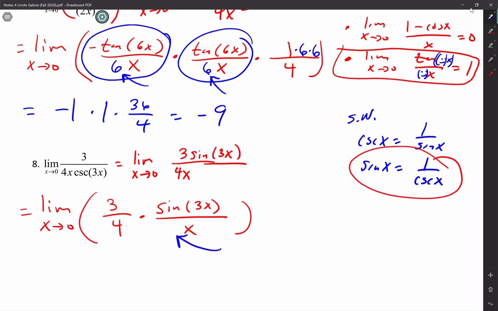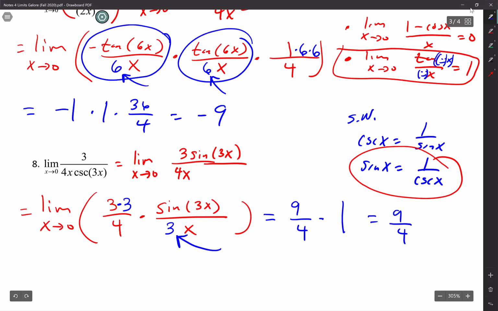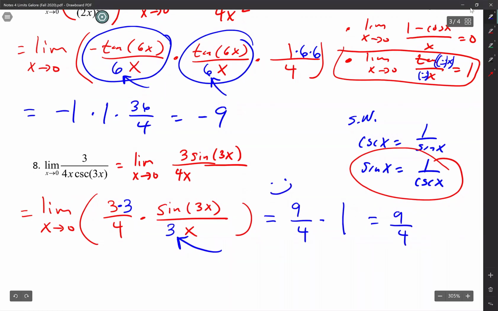What number do I need? 3. If I put a 3 in the bottom, I put a 3 in the top. There it is. So 3 times 3 is 9. So I have 9 over 4 times 1. So 9 over 4. See? I like these better than the other ones. Yeah, because they're like chemistry. You're just balancing.